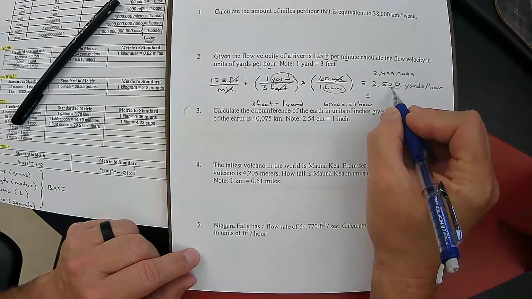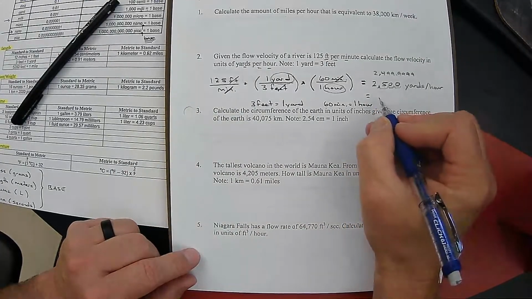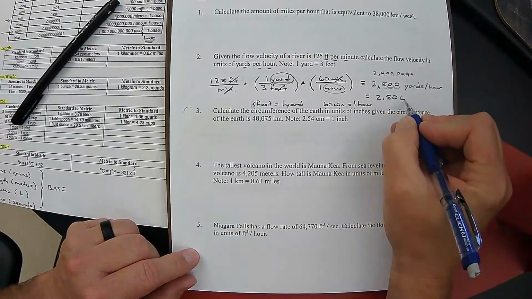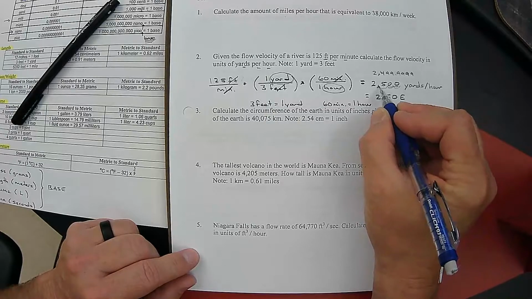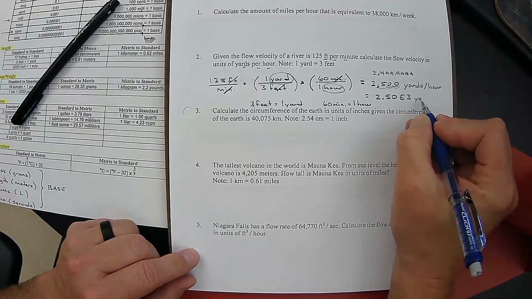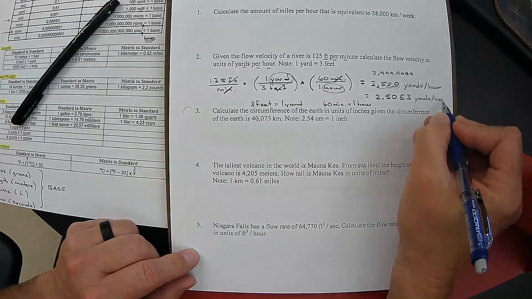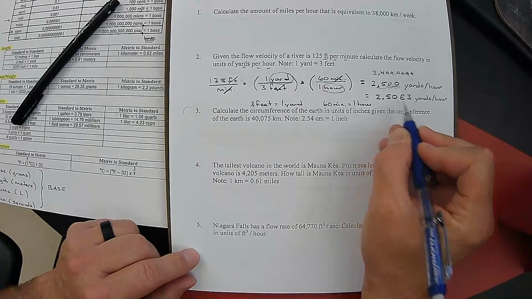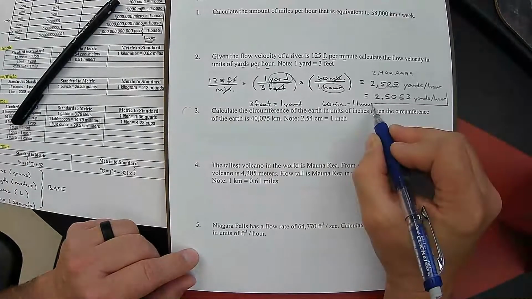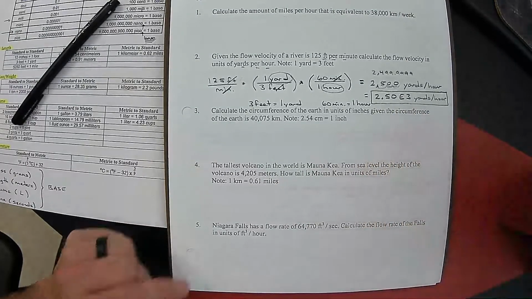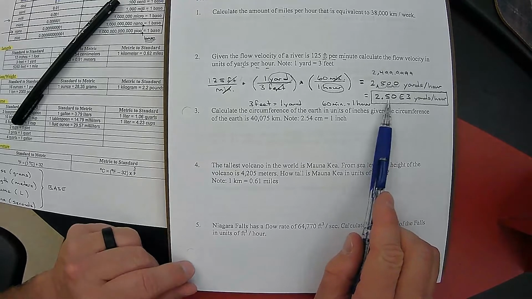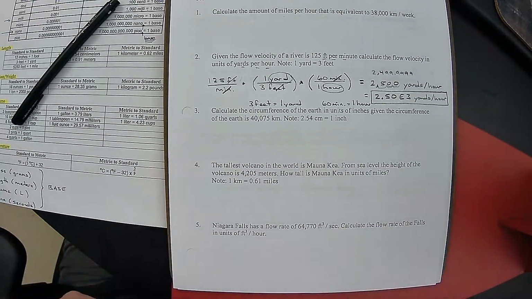We would move the decimal 1, 2, 3, and it would become 2.50 e to the third yards per hour. Now, this is a trailing zero, but it's to the right of a decimal, so now it counts as being significant. This allows me to show the correct representation of 3 significant figures.